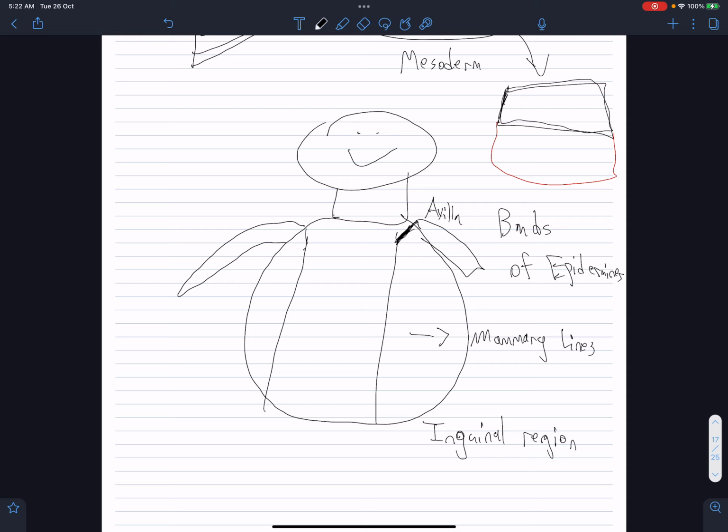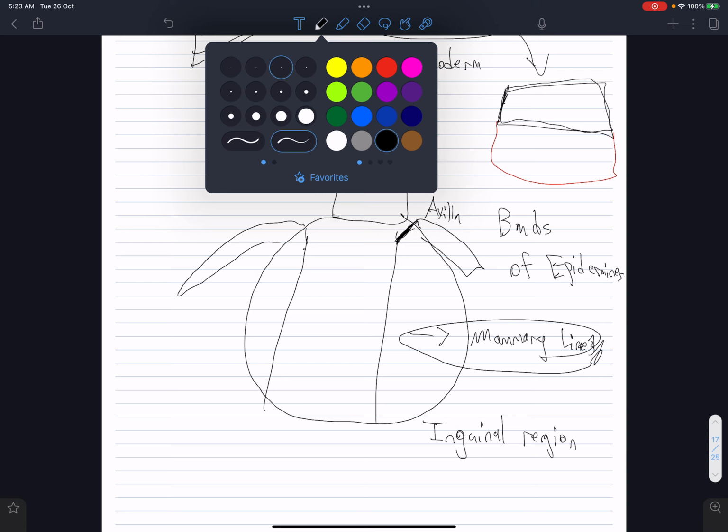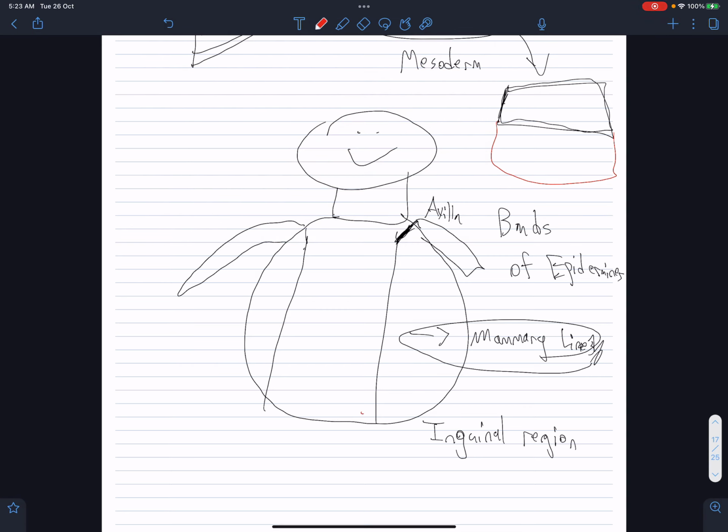Tamam? Now, these mammary lines occur during the 6th week. After 2 weeks, let's say after the 8th week, all of these mammary lines are going to degenerate. All of them. Tamam?